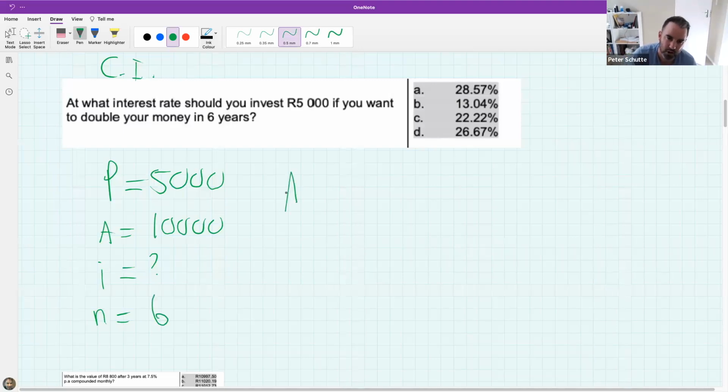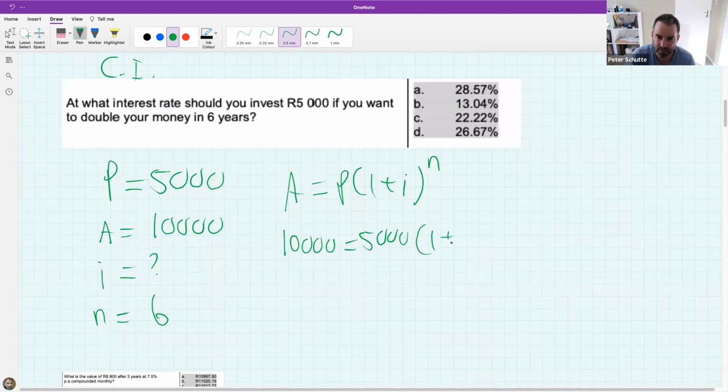Now, if we look at our formula, it normally looks like this. So I think we can fill in that this is 10,000, that this is 5,000, and that this is going to be 6. Now we have a bit of a problem. We still want to find the answer, right? But how do we get that answer?